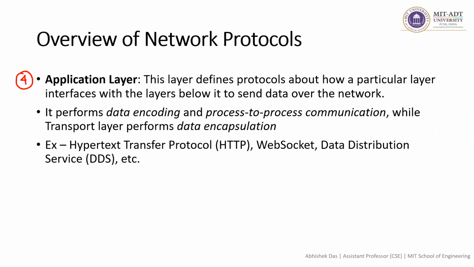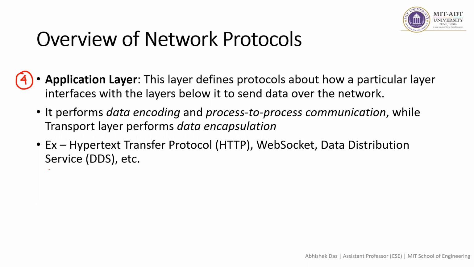This layer defines different protocols about how a particular layer interfaces with the layers below it to send data over the network. Since this is the top layer, it is the final and topmost layer of the IoT network protocols.